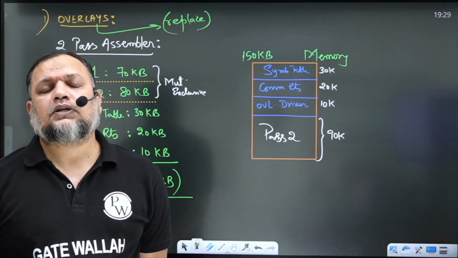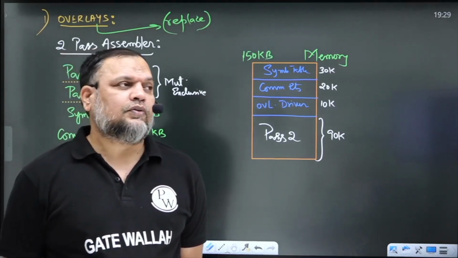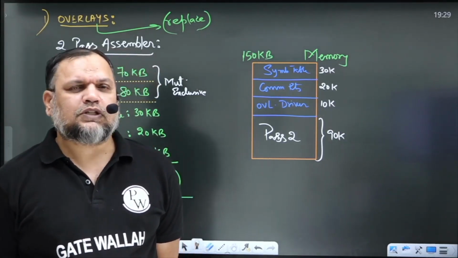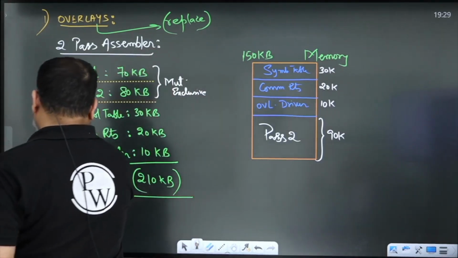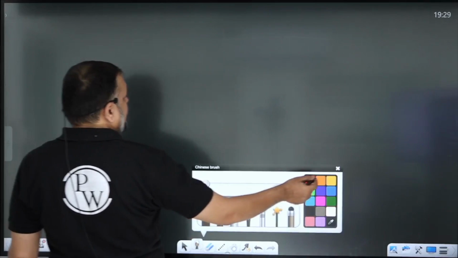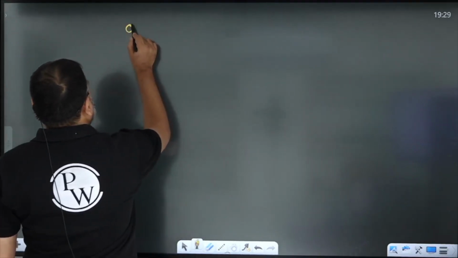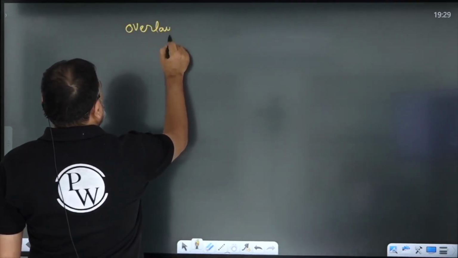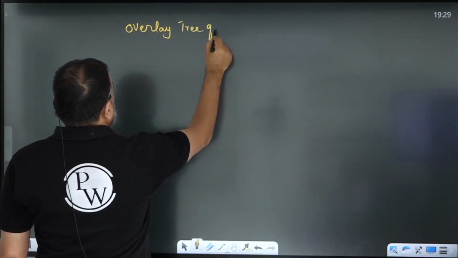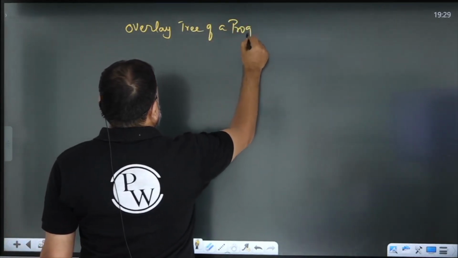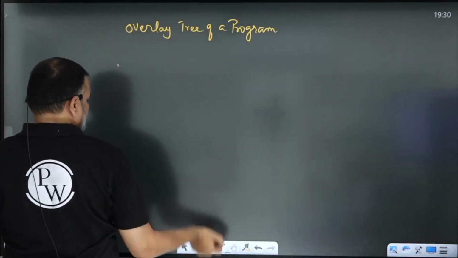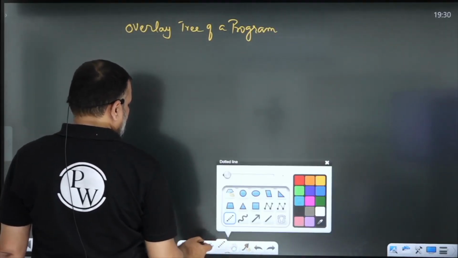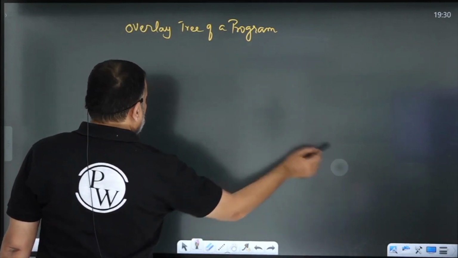Next point is, there was a GATE question based on overlays in one of the exams. I will project the question. It's similar data, you try to answer it. The question was asked in the form of something called an overlay tree of a program. Let me draw the overlay tree. The tree was shown like this.